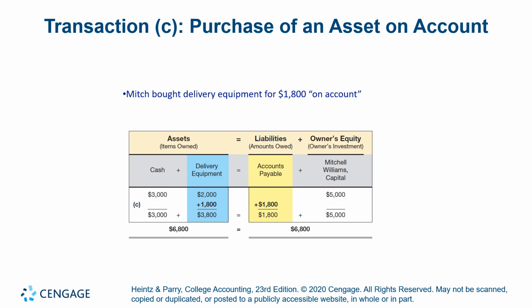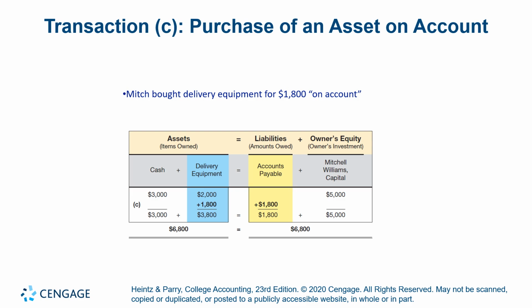So that goes under liabilities, and our title for that is going to be accounts payable. And you're going to see that we are increasing our liabilities by $1,800 because now Mitch has to pay that bill. You're also going to see on the asset side that our delivery equipment increases, the value increases by $1,800.